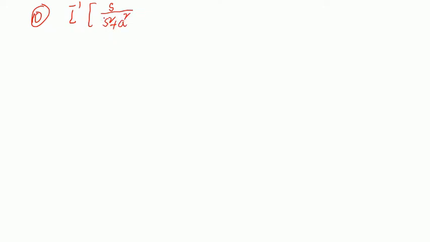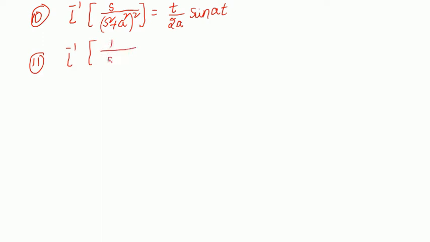But if you have S by S square plus A square whole square, what is the formula of this one? This is equal to T by 2A sin AT, right? So the 11th one is L inverse of 1 by S square plus A square.